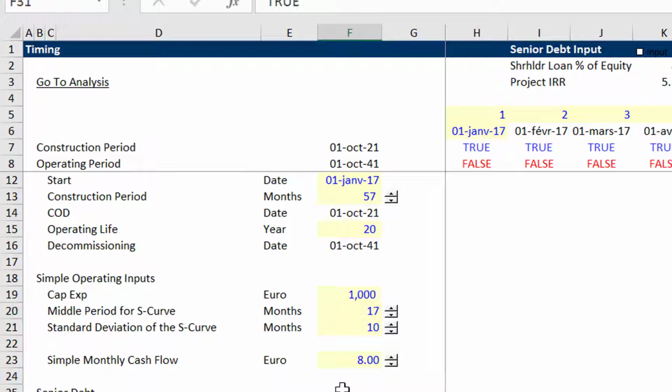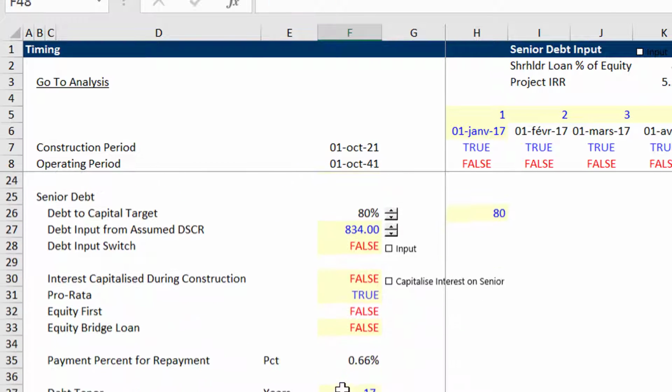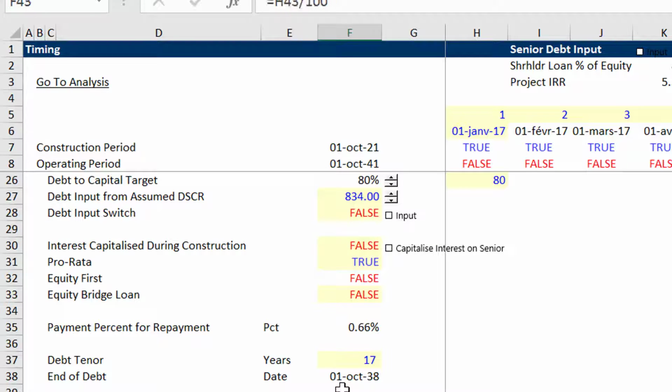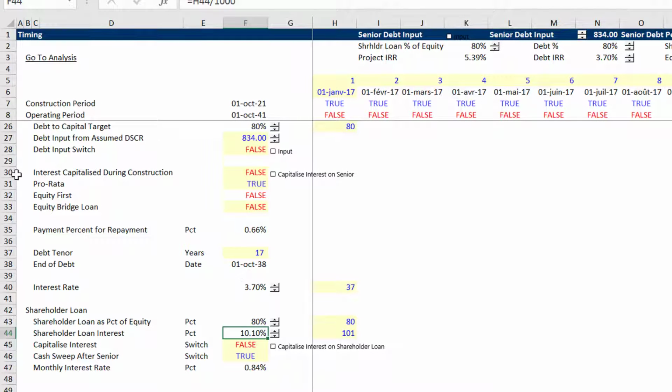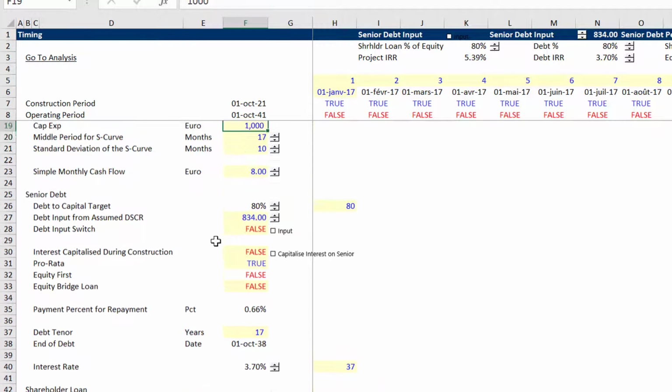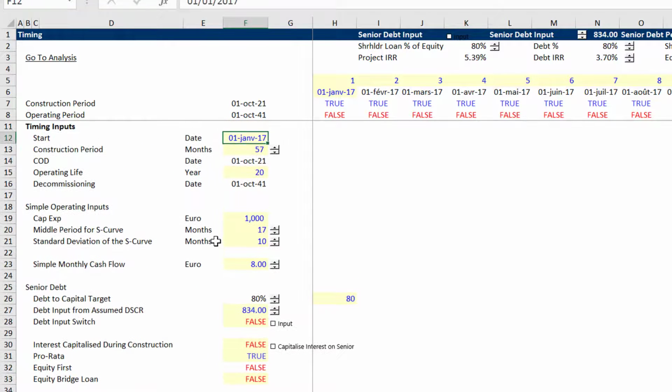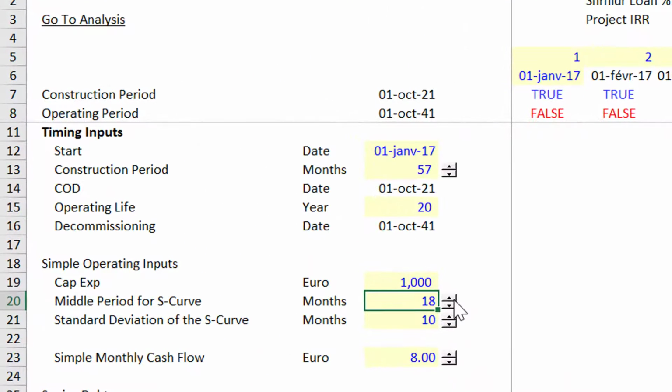This whole idea came about because of the shareholder loan and the interest during construction on the shareholder loan, and whether the shareholder loan interest, if it's paid or if it's capitalized, makes any difference, and whether the capitalization on the interest on a normal non-shareholder loan makes any difference, and how does the construction period versus, we'll show you kind of how to S-curve shape, let me just say it like that, how does that affect things?